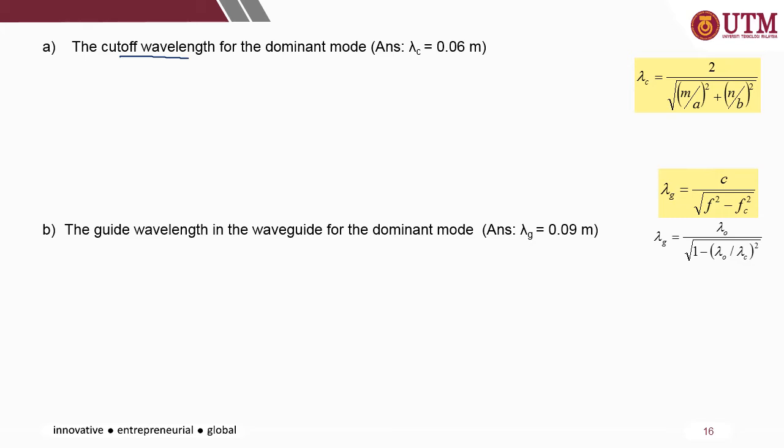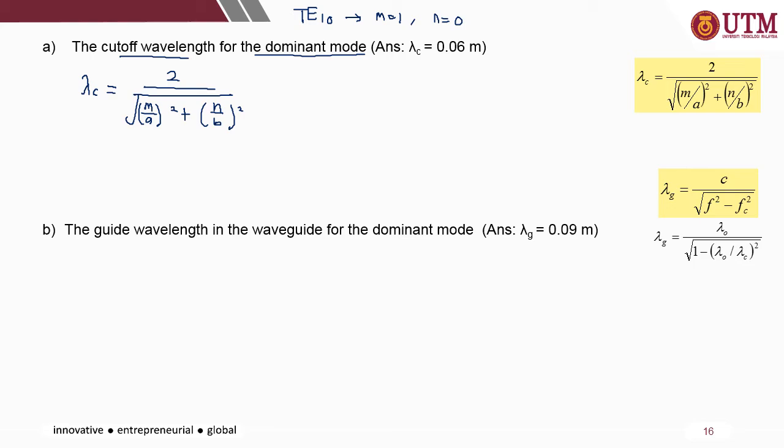So cutoff wavelength represented by lambda c equal to 2 divided by the square root of (m over a) squared plus (n over b) squared. For dominant mode, you know that TE10, in which M equal to 1, N equal to 0.